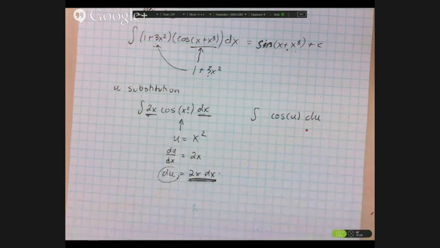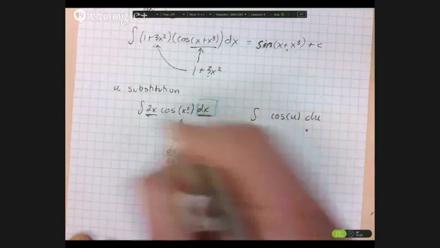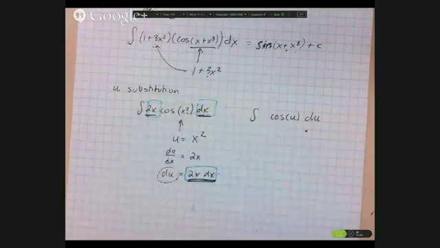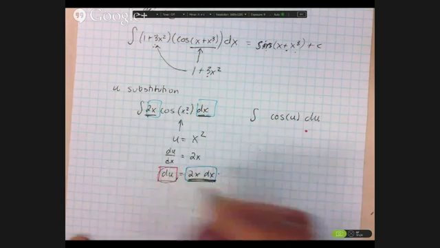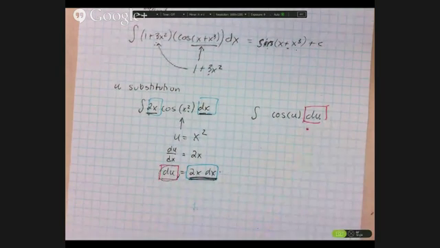This is where it gets confusing. See these two right here? That's 2x dx, correct? I'm replacing it with du. So then you can say cosine x squared du.